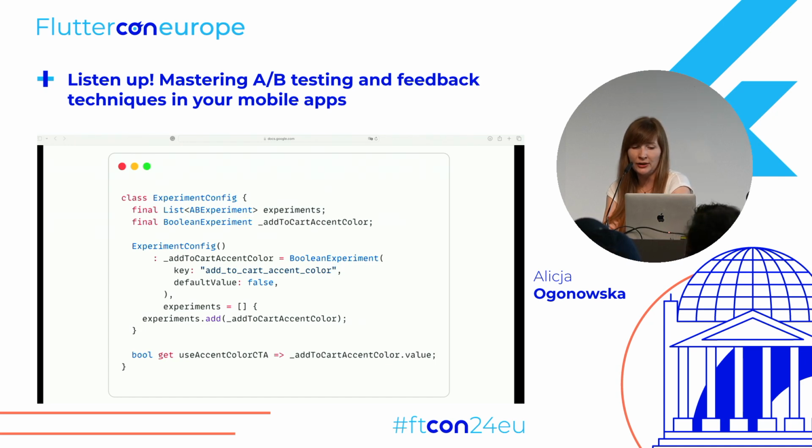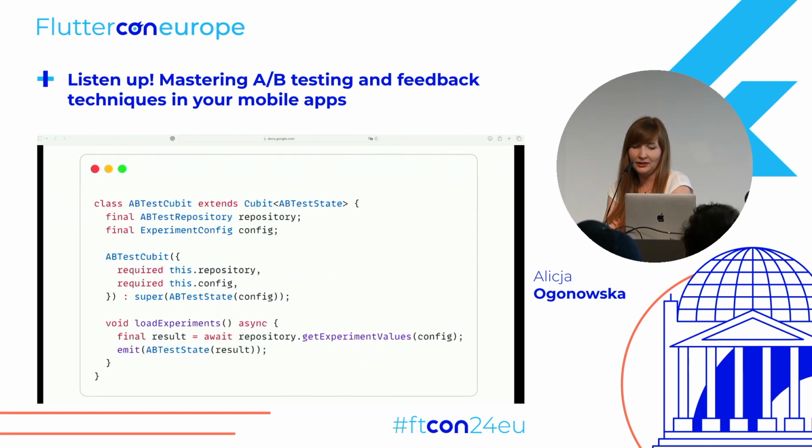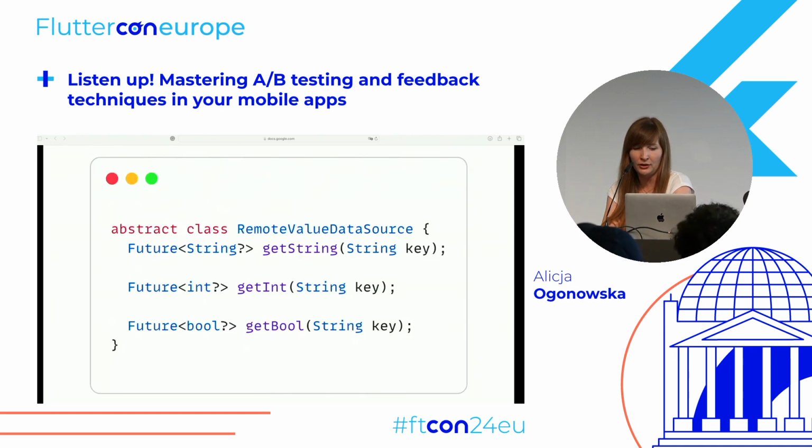And also in here, I'm defining the key of the remote value that I'll be fetching from somewhere. And in the Cubit it's just as simple as loading the experiment values from the repository, where in fact the repo is just like a middleware calling the remote value data source.